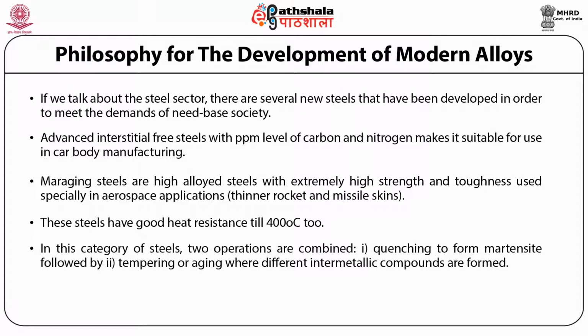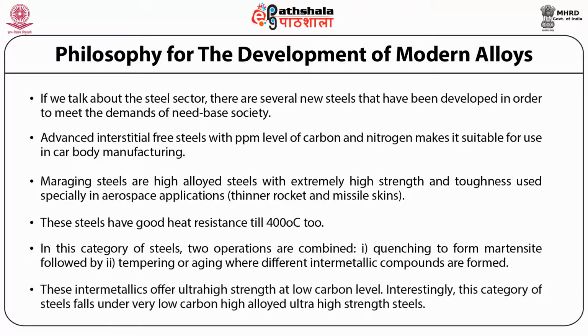In this category of steels, two operations are combined: quenching to form martensite, followed by tempering or aging, where different intermetallic compounds are formed. These intermetallics offer ultra high strength at low carbon level.